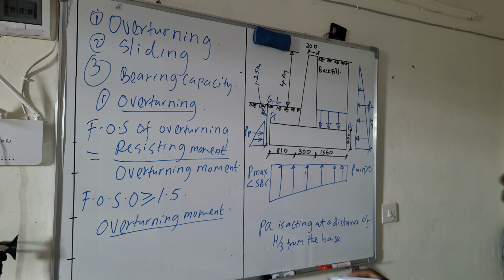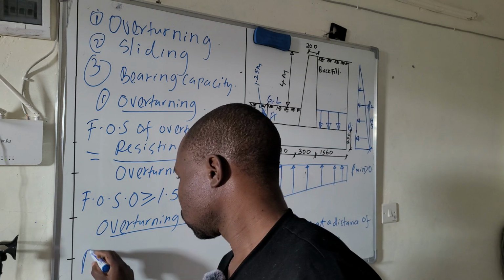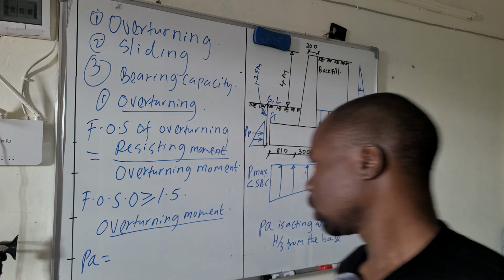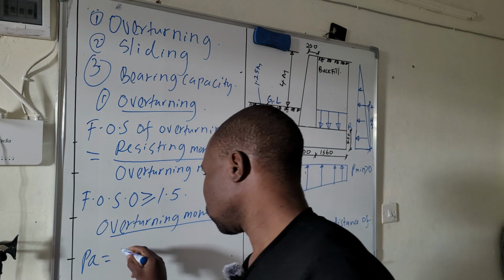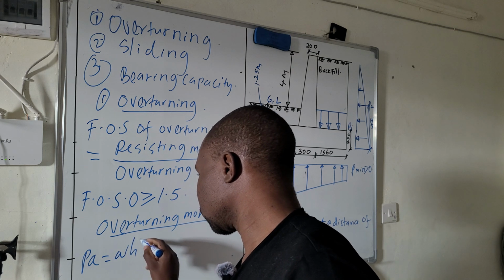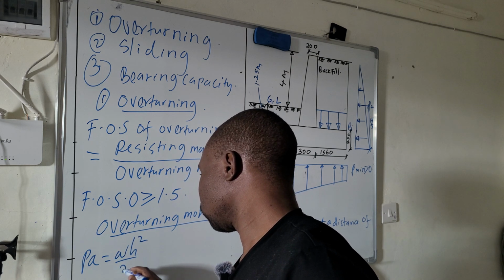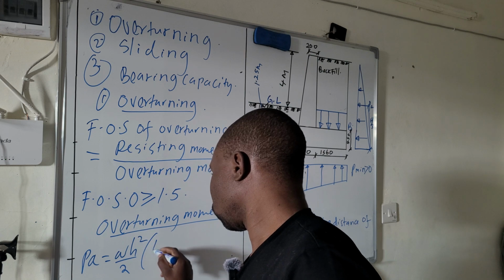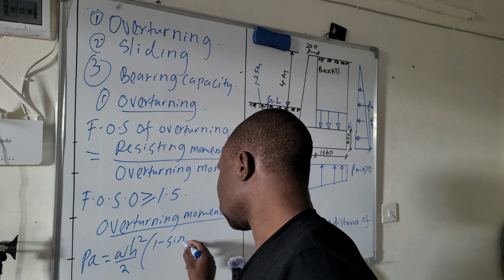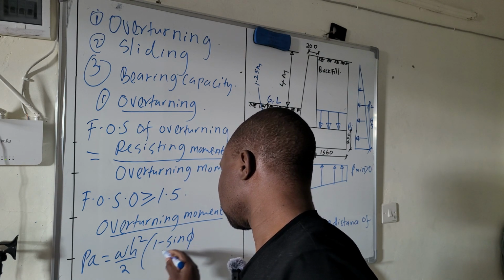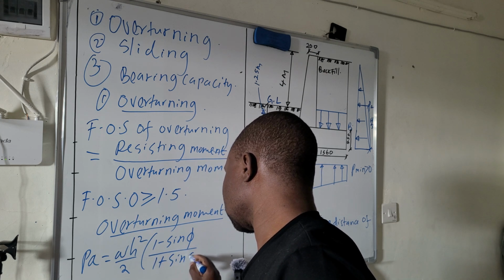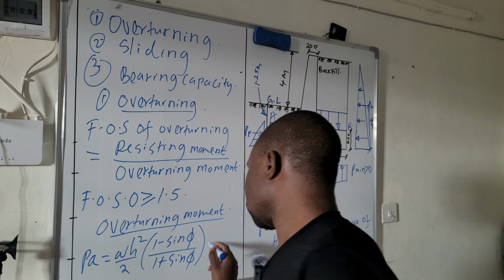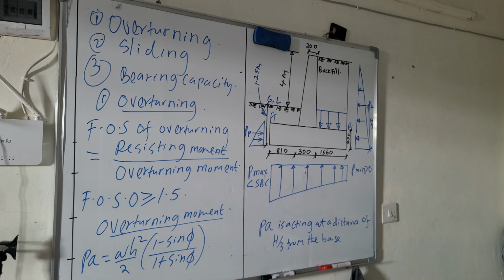PA is calculated using this formula: W H square over 2 times (1 minus sine phi) over (1 plus sine phi).